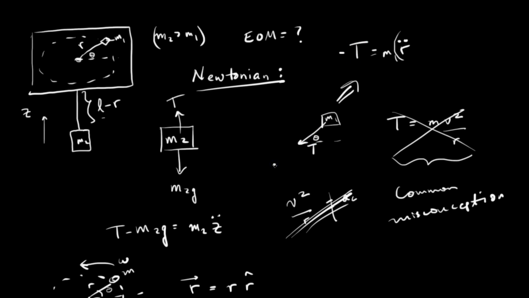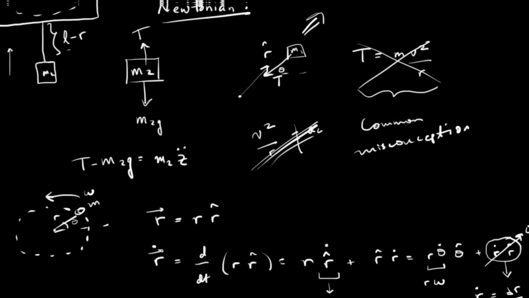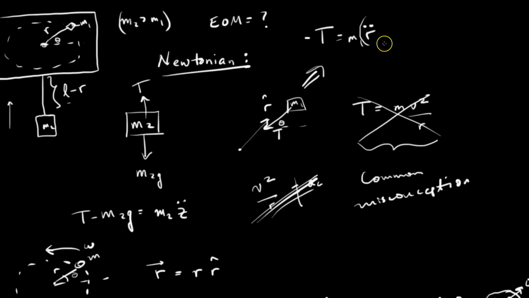Because the center of the circle is going radially outward, and this is going radially inward, so it's minus tension. Okay, so minus tension is mass times centripetal acceleration, and we just said what centripetal acceleration is going to be: R double dot minus R omega squared, or R theta dot squared. This is the actual formula.